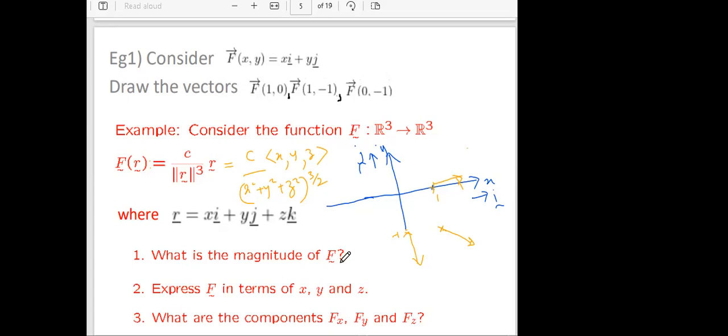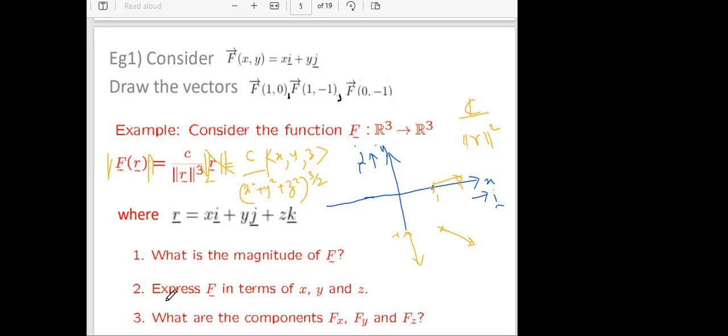What is the magnitude of f? When you take the magnitude and simplify, you get 1 over r, right? C over the magnitude of r squared.